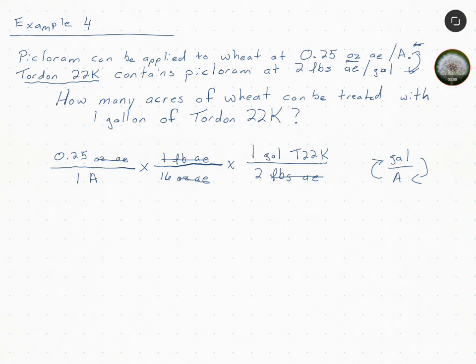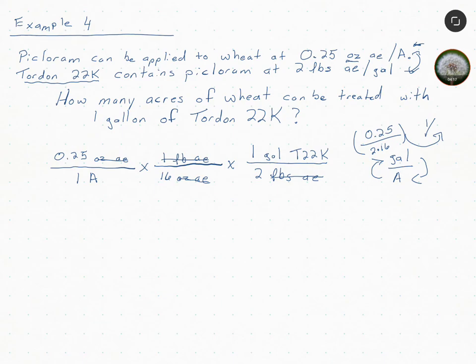So there's two ways that we could do this. One would be to actually multiply this through and get our 0.25 divided by 2 times 16, and then just basically take the inverse of that. So we could multiply this through and do 1 divided by whatever the answer is here, and that would give us the acres per gallon.